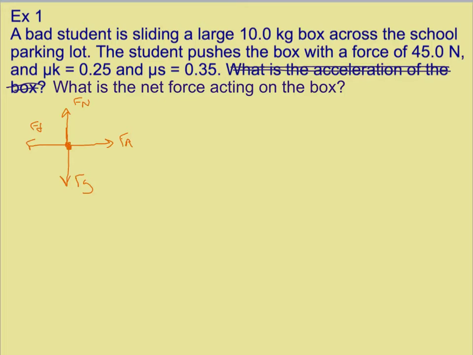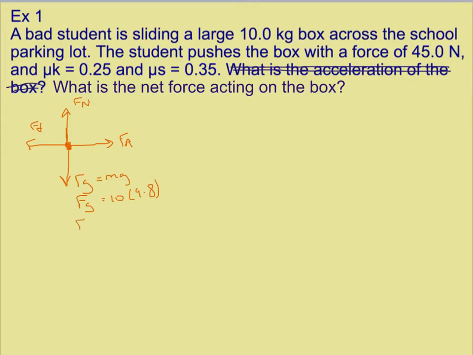Let's stick some values in here. We know Fg is always mg. We know the mass of this box. We were told it's a 10 kilogram box. Little g, as long as we're on the surface of the Earth, is 9.8.